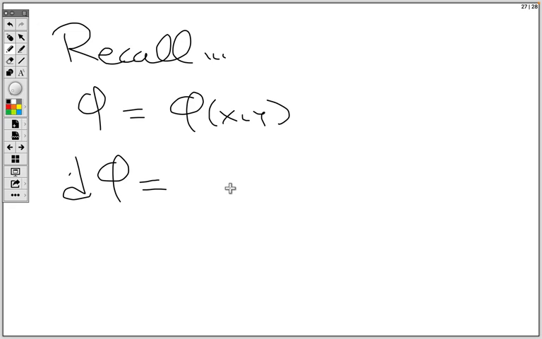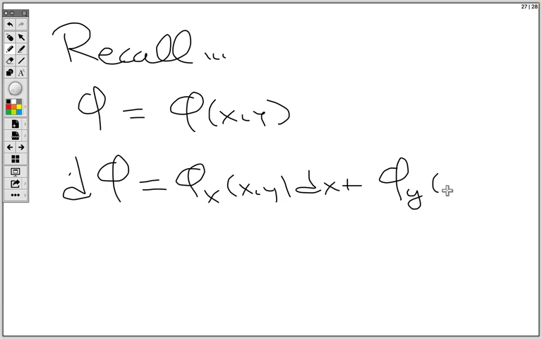If your function had continuous first partials, you were guaranteed the function's differentiable. And then you could figure out the differential as a means to approximate the change in the function. It was phi x at xy dx plus phi y at xy dy.